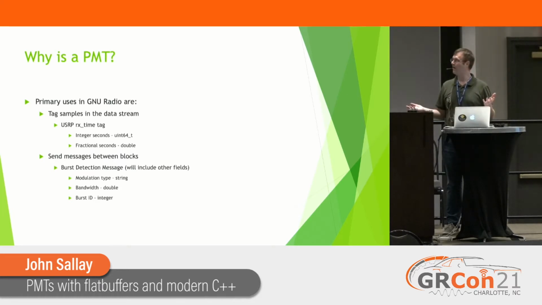So I alluded to this a little bit, but why do we use PMTs in GNURadio? There's two primary uses that I'm aware of. The first is we want to tag samples in the data stream. A really good example of this, many of you are probably familiar with, is when you're using a USRP, you'll get an RX time tag.